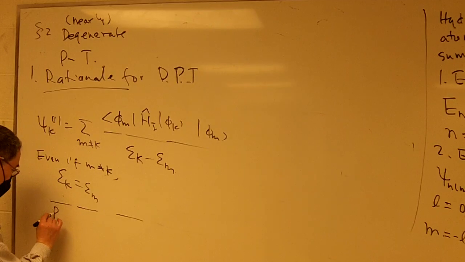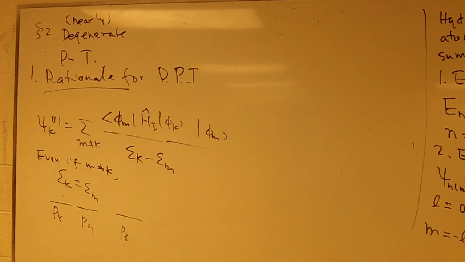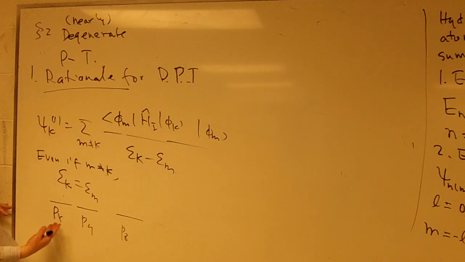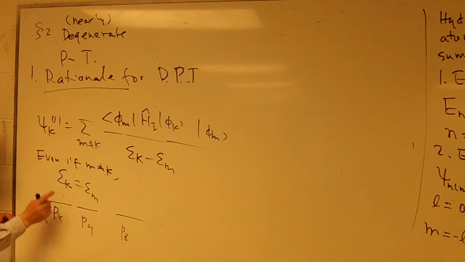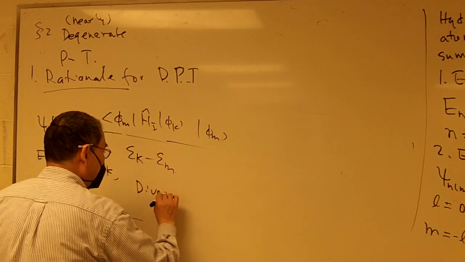We have px, py, pz. These are all degenerate, with exactly the same energy. Now, when you have an external perturbation, you run into the problem: do you want some of this particular energy level or not? If this happens, then it diverges.